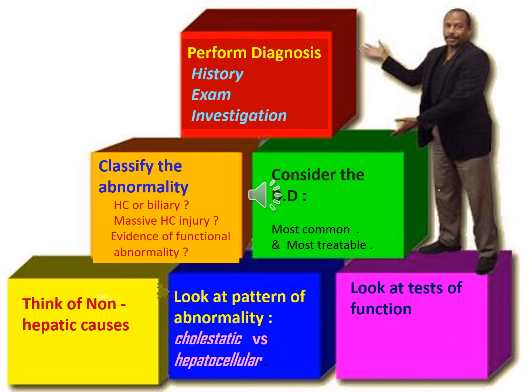Put in the differential diagnosis the most common and the most treatable. The last step is to perform the diagnosis. And don't forget, the diagnosis will depend on history, examination, and investigation. You cannot isolate the biochemical tests and read them away from the patient, otherwise you will have blurring in your opinion.